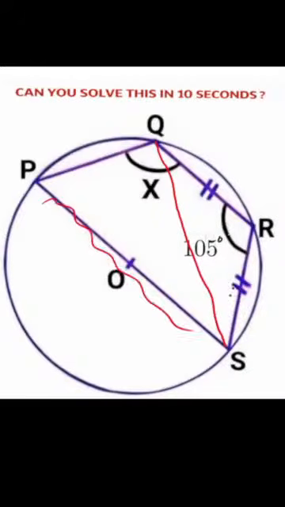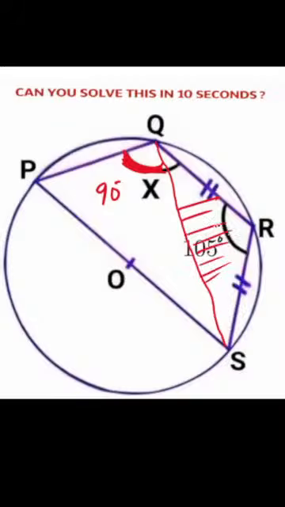As this PS is a diameter, this much angle is going to be 90 degrees, because this is the angle at the circumference formed by the diameter. So this is going to be 90 degrees. Now if I think of this triangle only, this is nothing but an isosceles triangle as two of its sides are equal. This side is equal to this, it's marked as equal, right?